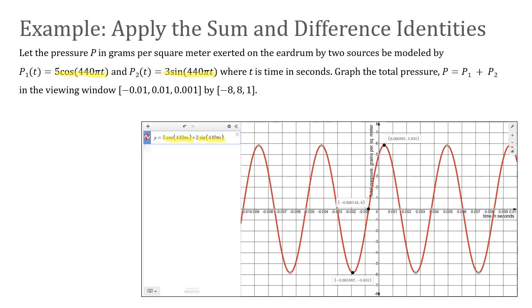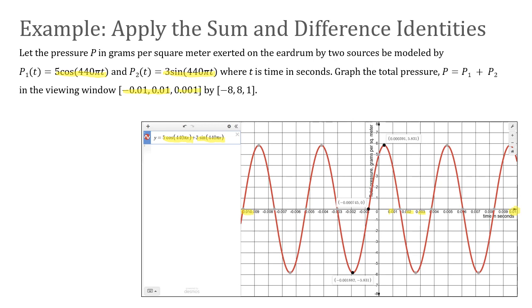Now, what is this viewing window all about? Well, this viewing window says that along the x-axis I'm going to go from negative 0.01 to positive 0.01. And my steps, my increments, are going to be increments of 0.001.